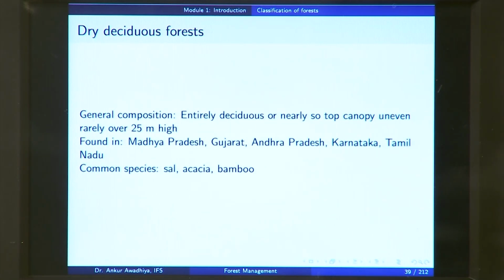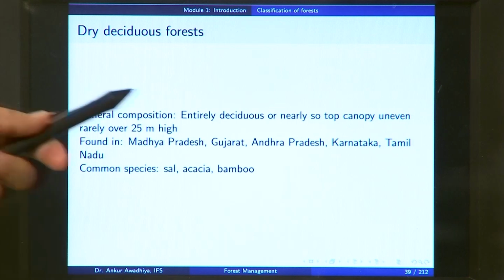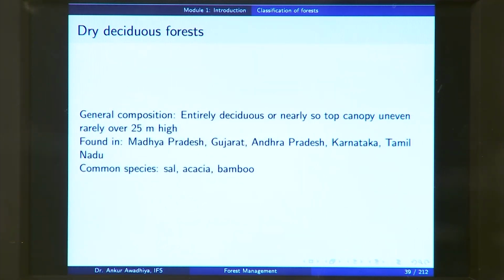Next, we have a look at the dry deciduous forest. Now, dry deciduous forest will be entirely deciduous or nearly entirely deciduous, which would mean that the deciduous trees predominate, but then you also have some amount of evergreen trees as well.